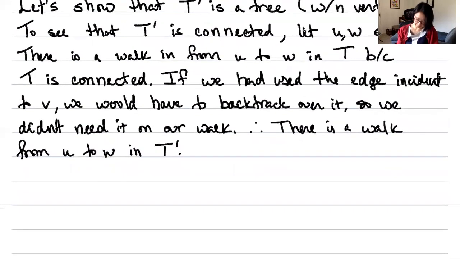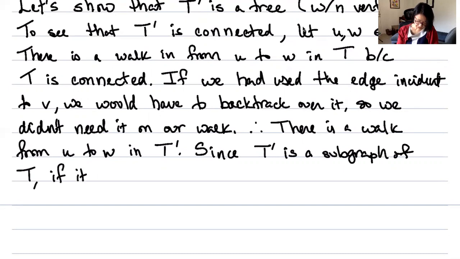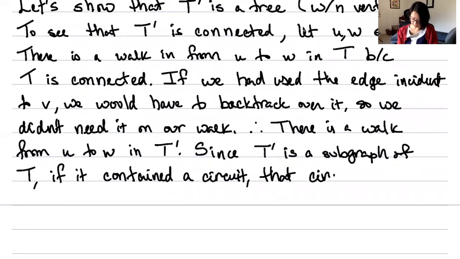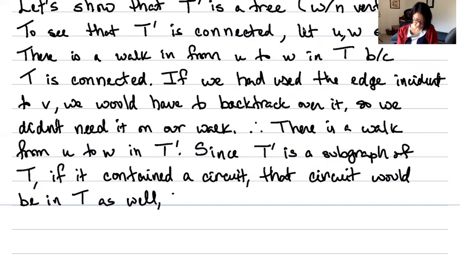And then since T prime is a subgraph of T, if it contained a circuit, then that circuit would be in T as well, which would be a contradiction.